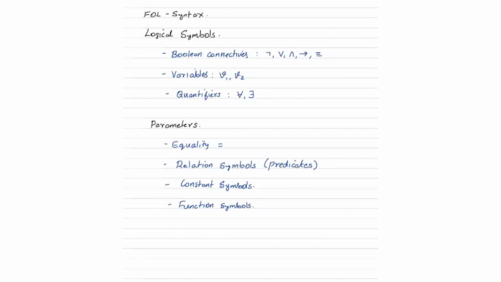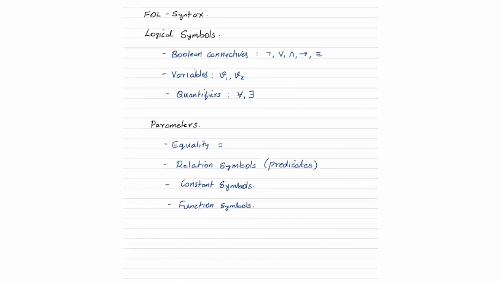Variables can take values, which need not always be Boolean values. And you also have what are called quantifiers. These are also logical connectives in first order logic. I'll come back to the interpretation of these things in a minute. So you have a bunch of logical symbols, which are the Boolean connectives, variables, and quantifiers.